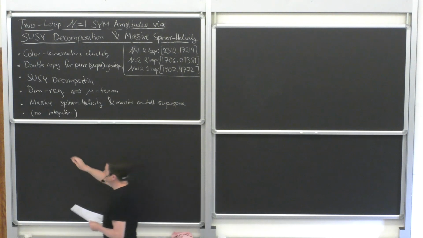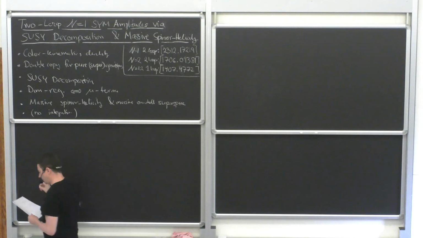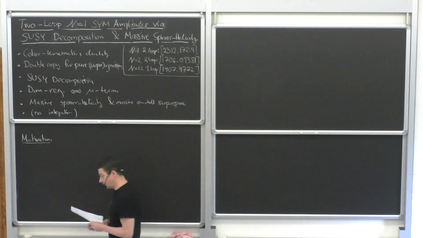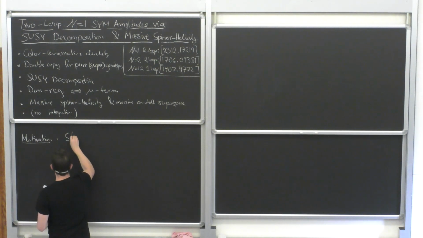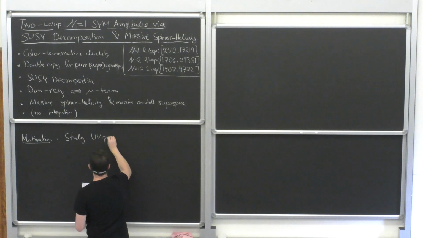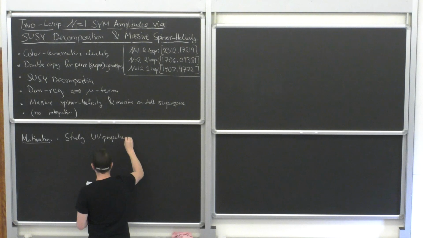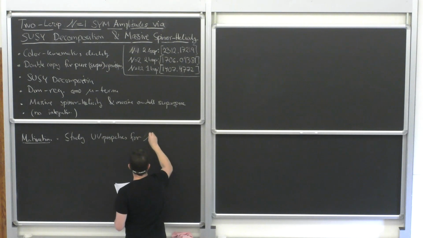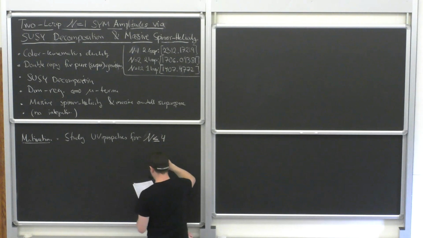But let me take one step back and give what is the real motivation. So the real motivation is that we want to study UV properties for lower supersymmetric, so N less or equal to 4 supergravities.